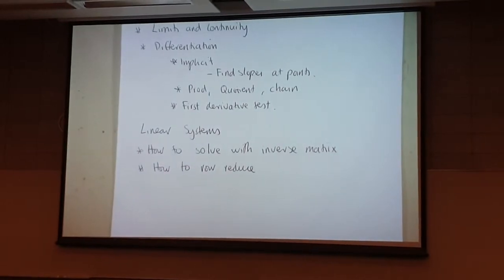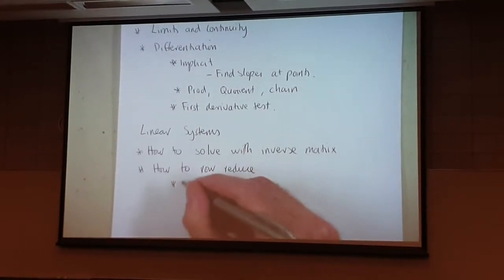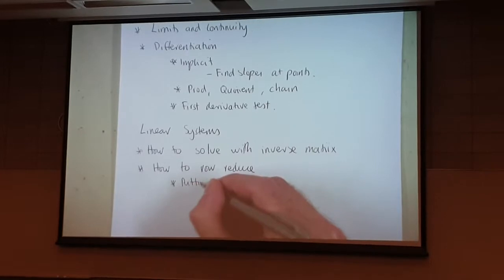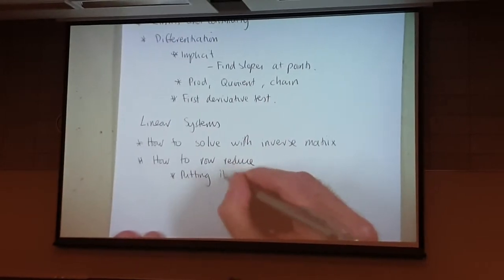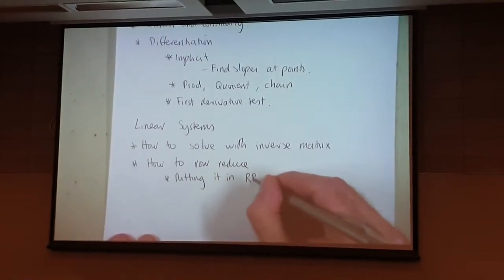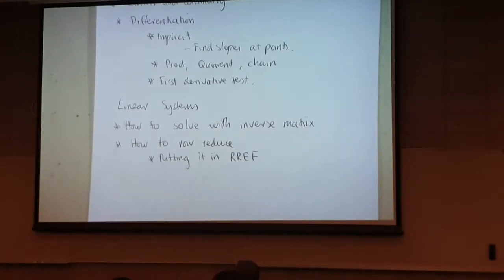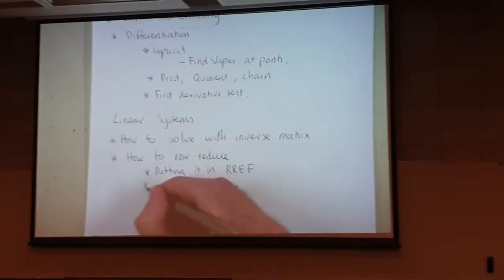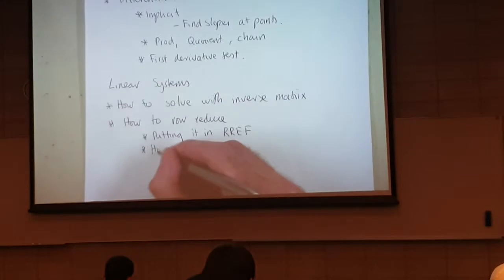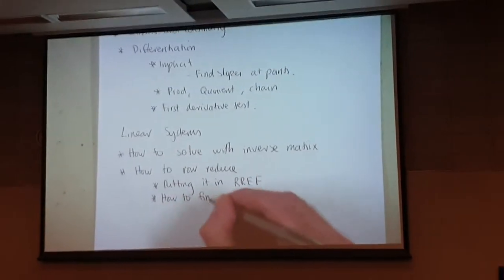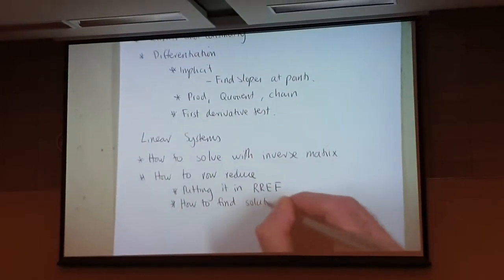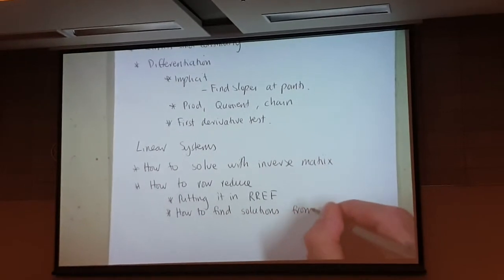And so that means putting it in reduced row echelon form, and how to find solutions from the reduced row echelon form.